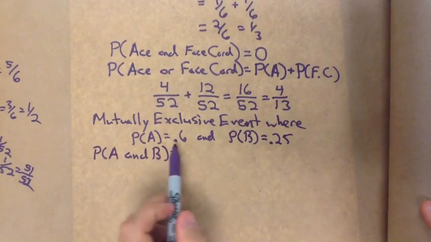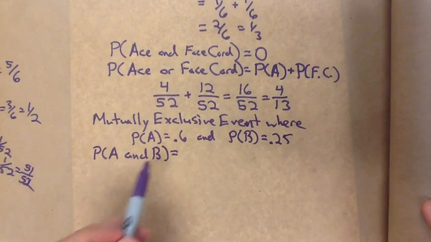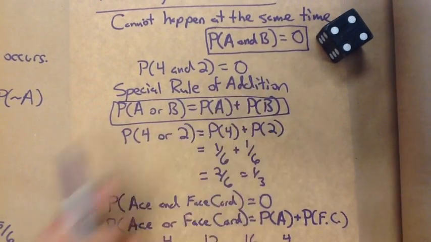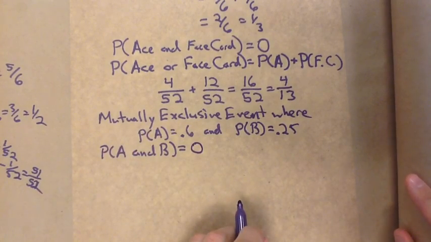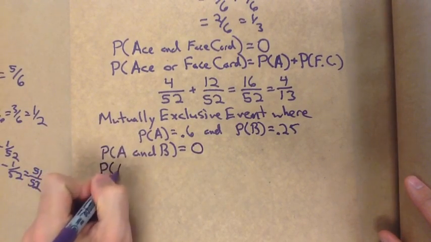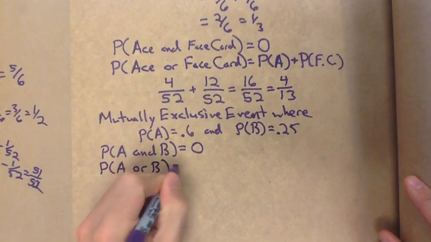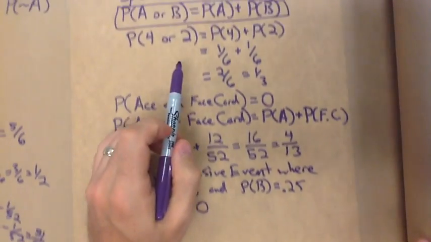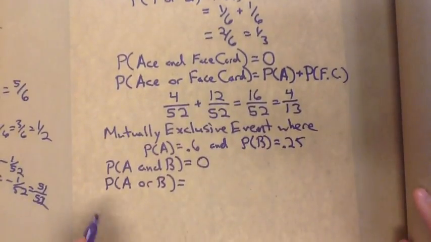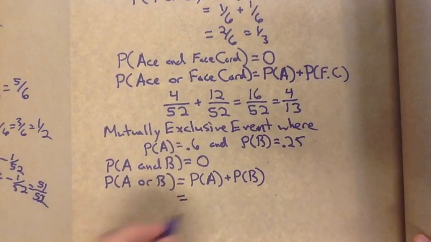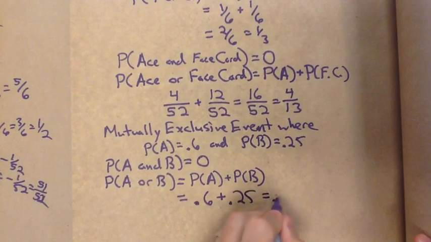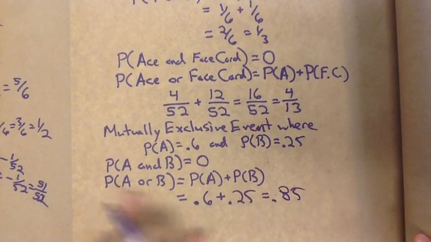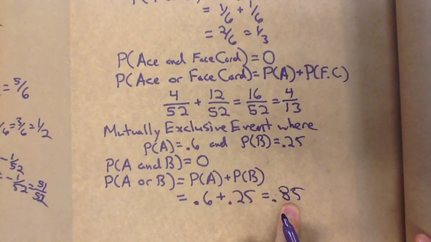Now, the values here don't tell me this answer. This comes down to knowing the rule, which we stated right here. The probability of A and B happening is 0. They can't both happen at the same time. Now, the probability of A or B occurring, though, is different. This is our rule here, where I can add them together, and I get 0.6 plus 0.25, which gives me 0.85. So the or here is actually 0.85, or 85%.